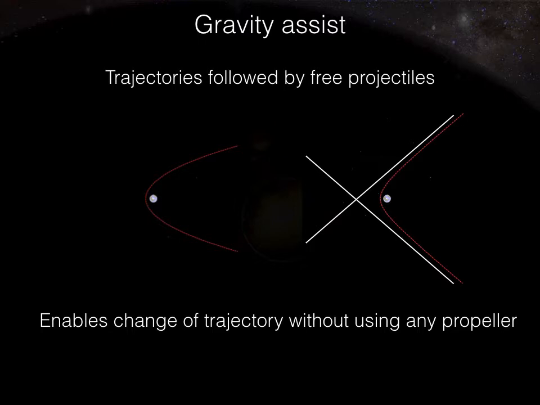And so it enables again to change trajectory without using any propeller, and that's the reason why this is really useful for space exploration, and in particular for this 10-year mission, or in fact in reality 14-year mission, the Rosetta mission. And so effectively this is really cost efficient.